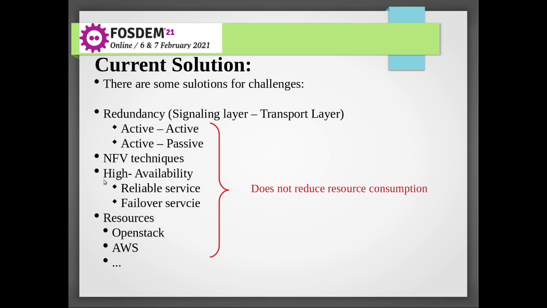Some are related to high availability in terms of reliable service, and some are related to failover services. And some solutions related to resources might use OpenStack or AWS or some other solution.